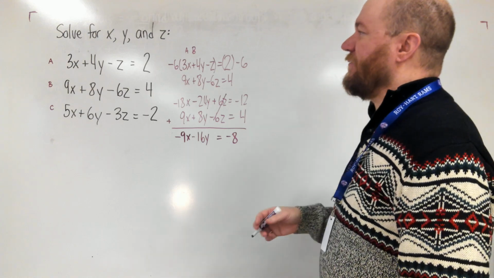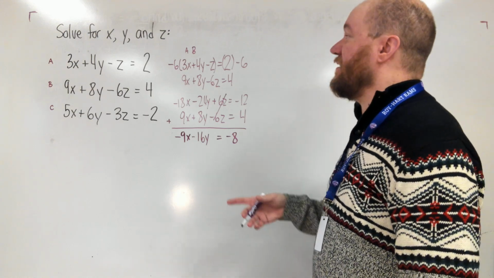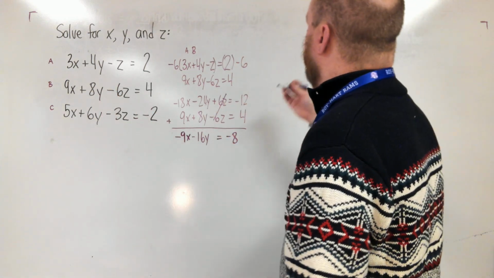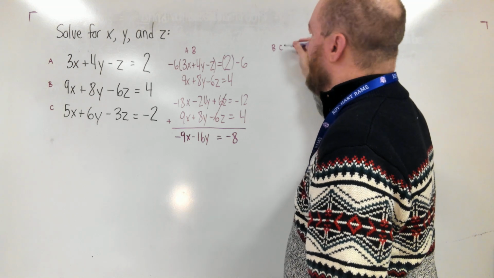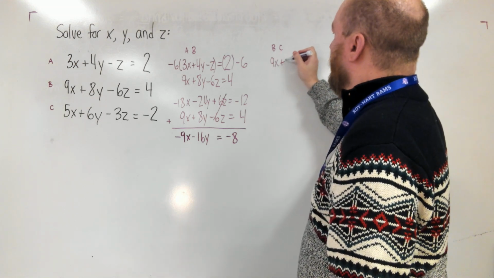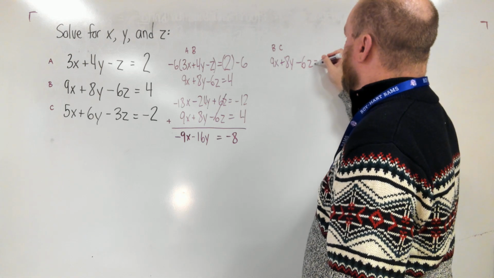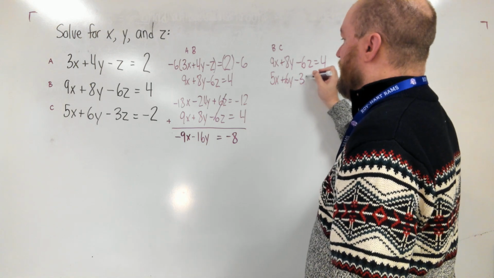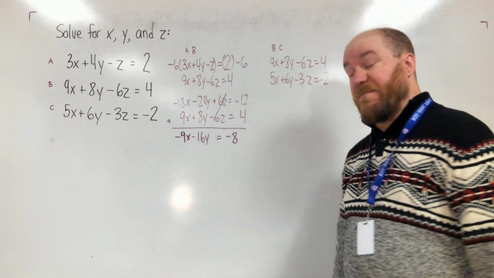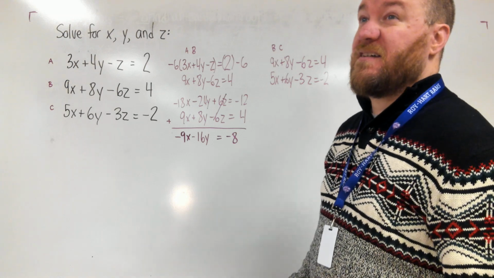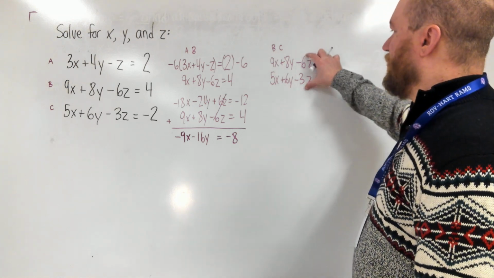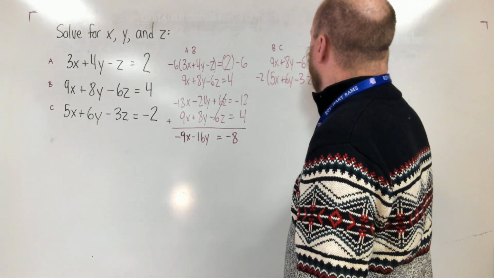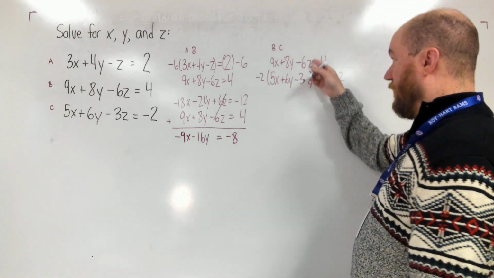Now we need to pick a different pair of equations and do the same process. I just used A and B. Let's use B and C. So equation B and C are 9x plus 8y minus 6z equals 4, and 5x plus 6y minus 3z equals negative 2. Same thing, I'm still trying to eliminate the z's, and I still need them to be opposites. Those are not opposites. So if I multiply the bottom equation by negative 2, then they will be opposites.